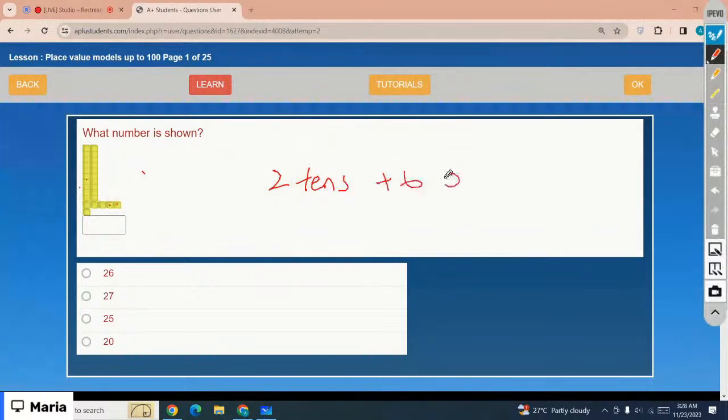Two tens and six ones, right? So, together they make the number 26. So, the correct option is 26, right?